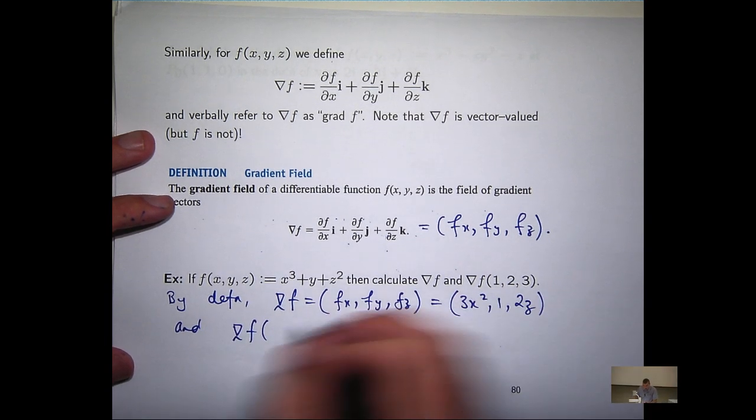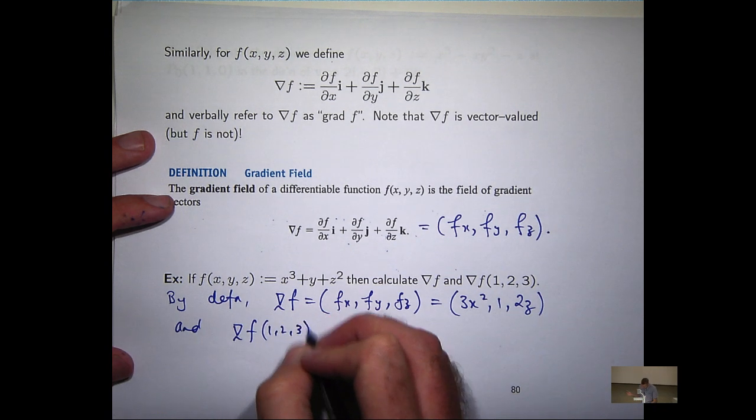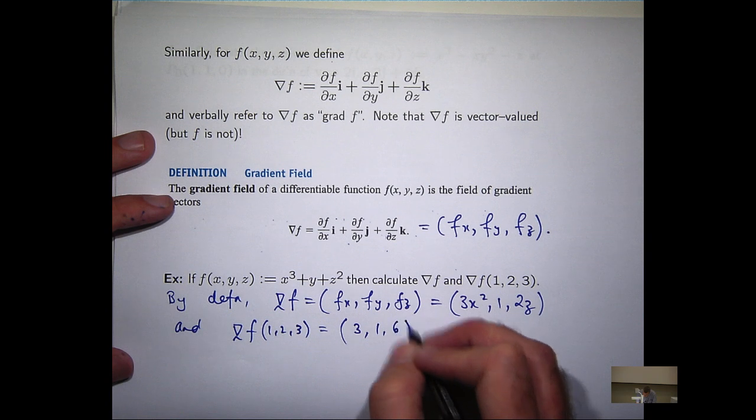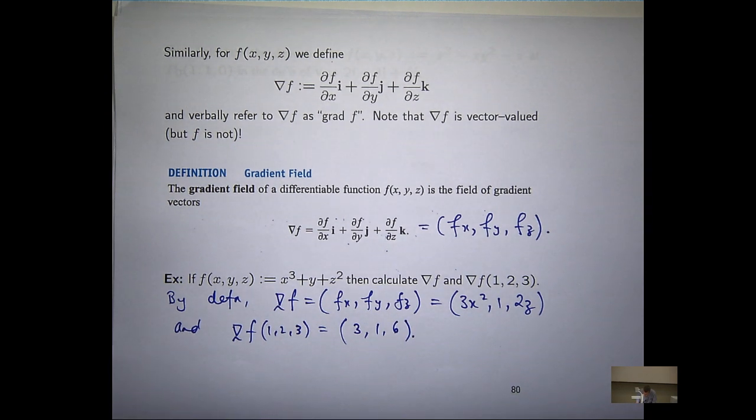So at our point of interest, it's going to be 3, 1, 6. Again, really easy. We've computed a vector field in the first case and a specific vector associated with the vector field in the second case. That's all it is.